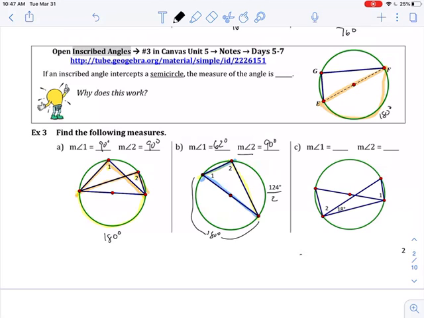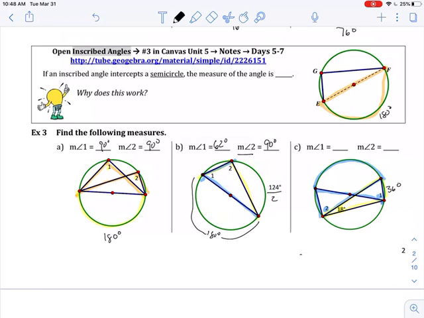Okay. Looking at this last example here, I need to find angle 1 and angle 2. They intercept the same arc right here, which I don't know. However, I can find it. They give me this 18 of this angle. So this angle intercepts this arc right here, so this arc would be double that. So this arc would be 36.